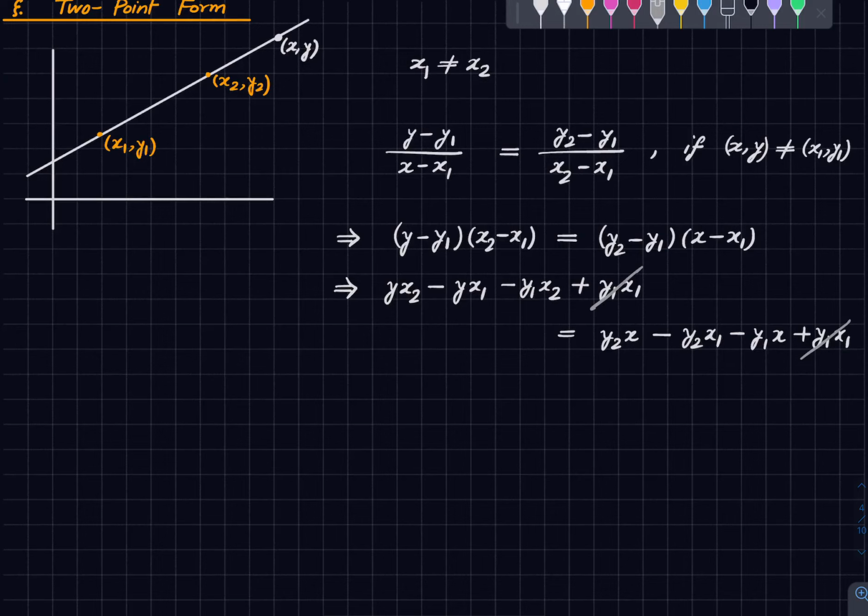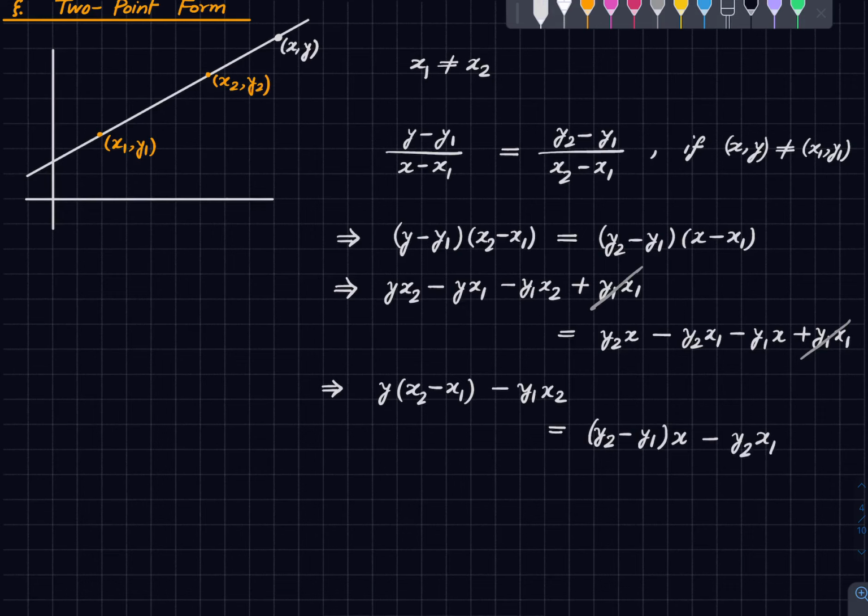So let's collect maybe the coefficients. We will collect the coefficient of y, we will collect the coefficient of x. Yeah. So this implies this is what we get.